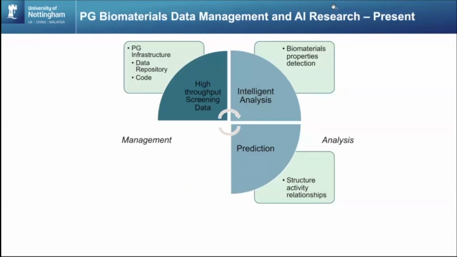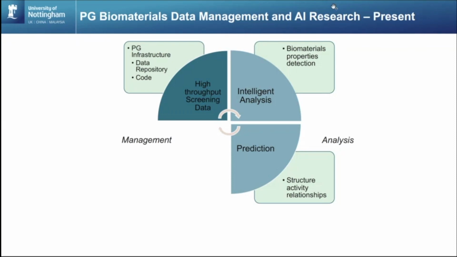Next slide, please. So this is the present support that we are giving to the program grant. So we provide infrastructure for data repository, code sharing, and also data archiving when the papers get published, to promote reproducibility of research.